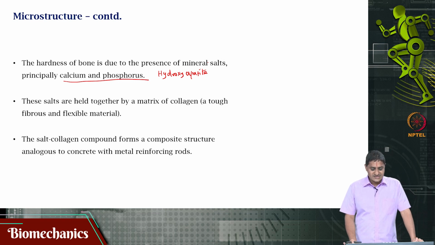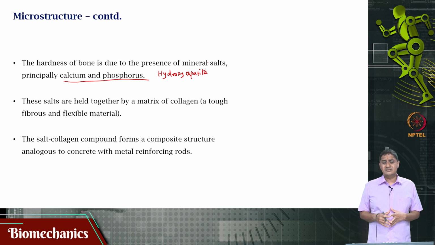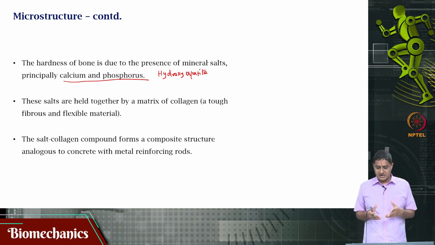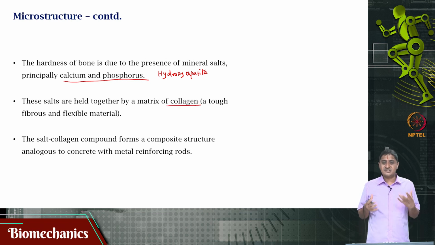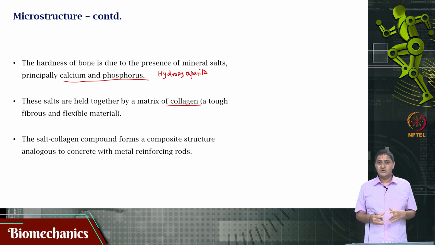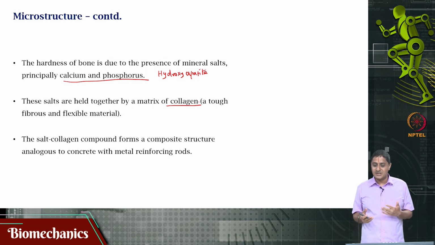Right? These inorganic materials are held together by an organic matrix, by an organic material called collagen, a matrix of organic material, which is a tough, fibrous but flexible material. Right? So, bone has both of this, both inorganic and organic material, both hydroxyapatite and collagen. Right?